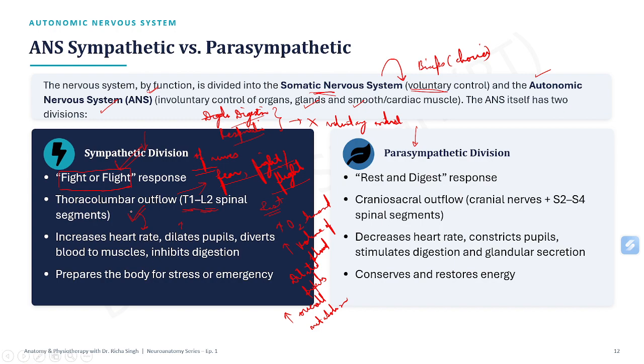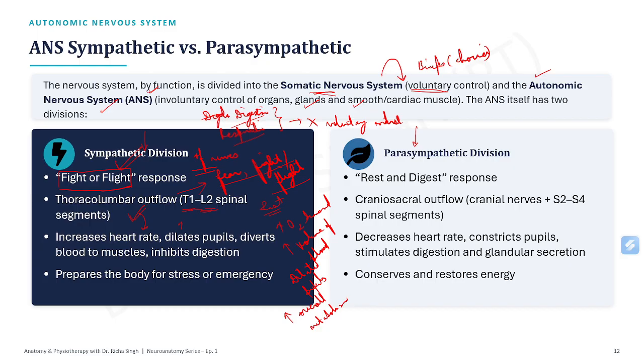Now, obviously, you have 5 liters of blood running inside your body. When you need more blood in a fear, fight, and flight reaction, obviously, you cannot feed more blood from outside. You have to manage the increased demand in this 5 liters only. So, what is taken care of is the blood from your digestive system because you don't need the function of digestion at that point of time when you're running.